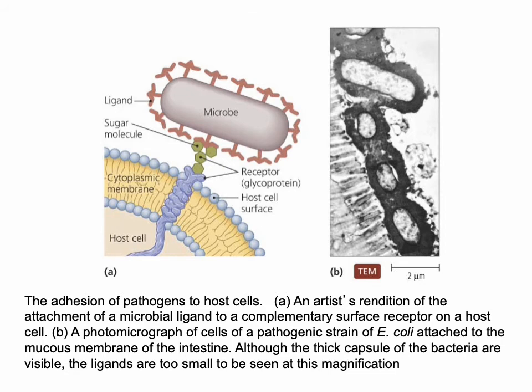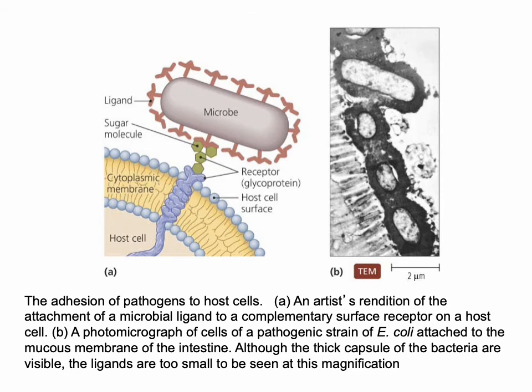So this ligand on the microbe surface is able to recognize this receptor, a lot of the time a sugar residue on this glycoprotein on our body cells. So that is a very specific interaction. You cannot break that easily.